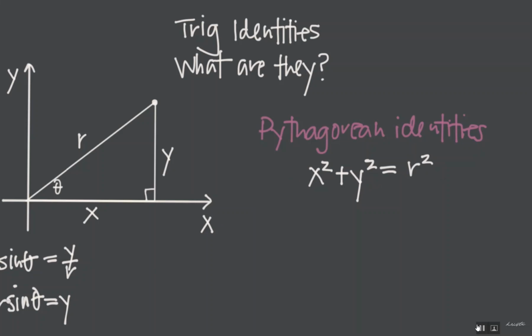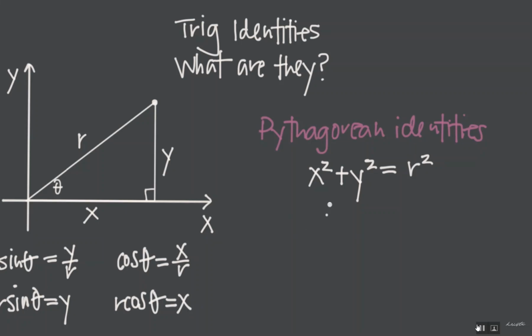We're going to end up substituting this into y. So we have that value. Remember, we said also that cosine of theta, cosine was adjacent over hypotenuse, so that was x over r. And if we multiply both sides by r there, we get r cosine theta is equal to x.